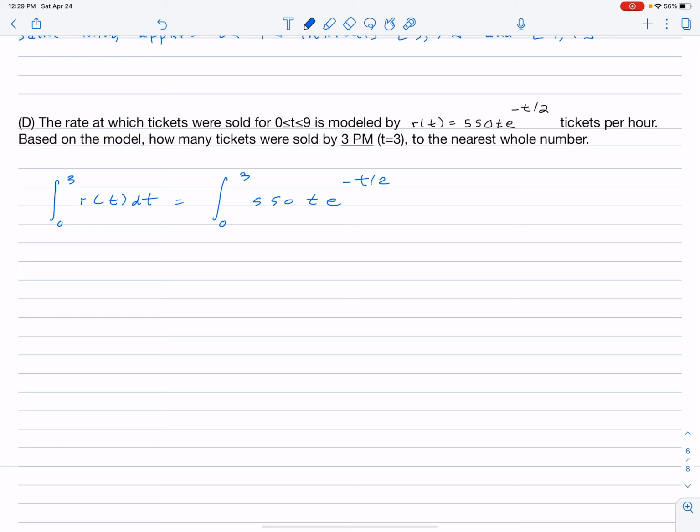This is really a calculator question, so you don't have to show any work. You just need to plug it into your calculator. I got 972.784, and they want it to the nearest ticket. So I'm going to say 973 tickets. Okay. That is question number 5.